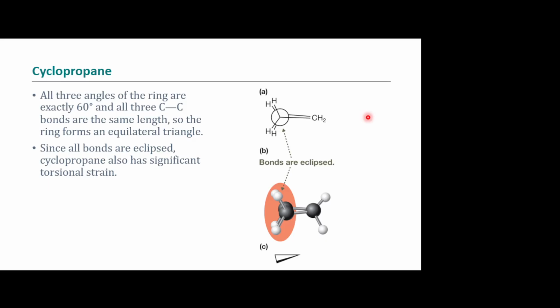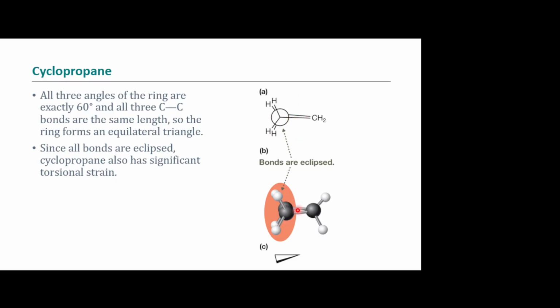This one here is cyclopropane, and there's just nothing you can do with cyclopropane. It is a flat ring because there's only three atoms. If you have three points, that's a plane, isn't it? It doesn't matter how you orient them, they're a plane. In a three-membered ring, all angles of the ring are going to be exactly 60 degrees, with the carbon-carbon bonds at the same length.